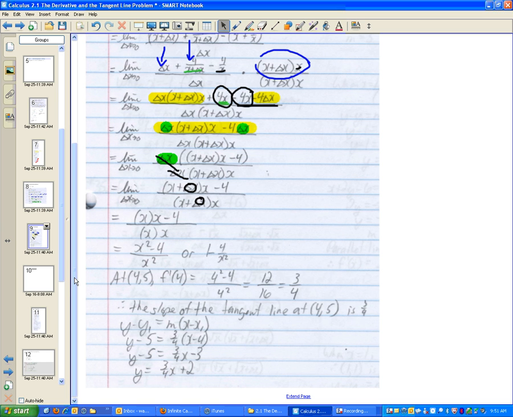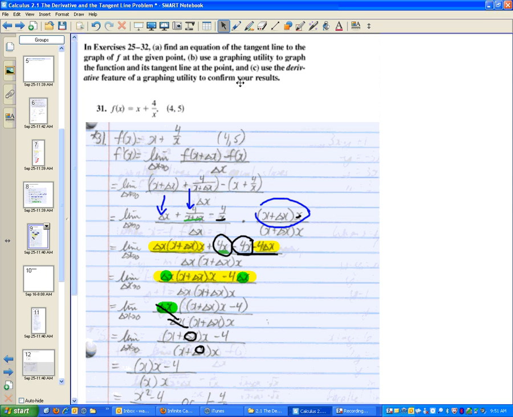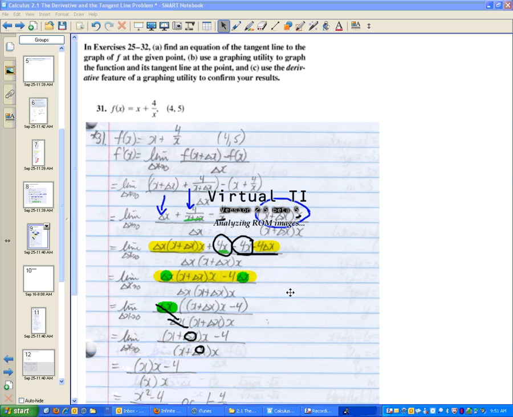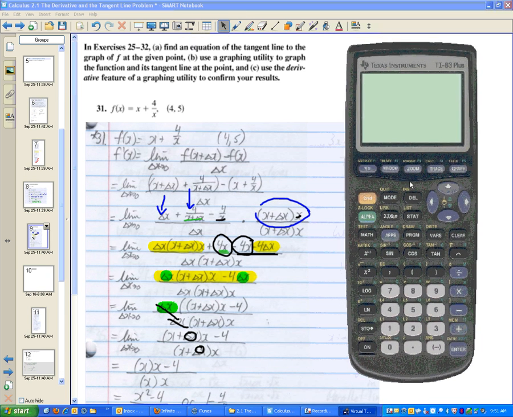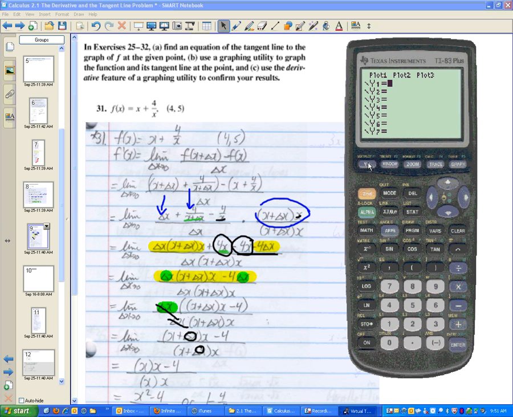Any questions? All right, part B. Use a graphing utility to graph the function and its tangent line. All right, so y equals x plus parentheses 4 divided by x, close the parentheses.